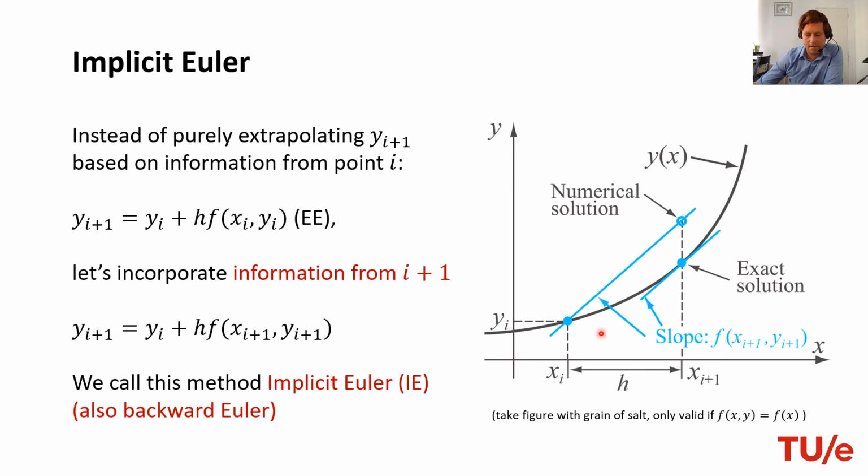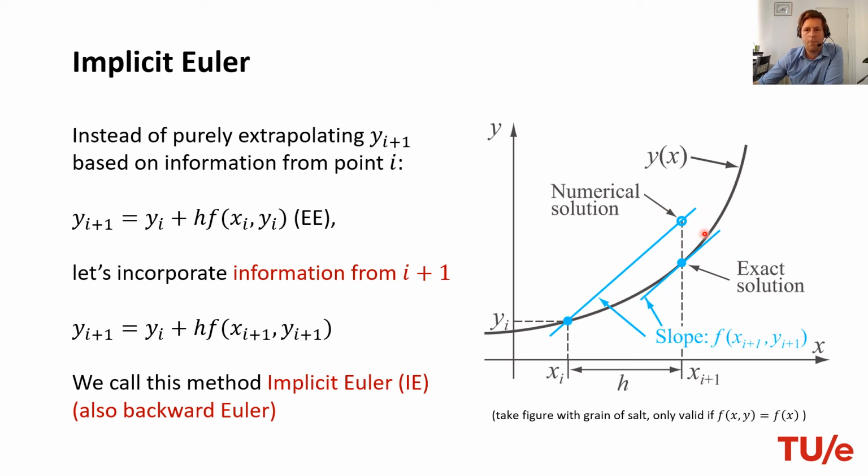Looking at this graphically, instead of taking the slope over here as in explicit Euler, we try to find what the slope is at the solution in the next step, even though we do not know that solution at this point. So we approximate that slope and then use it in order to update the numerical solution.